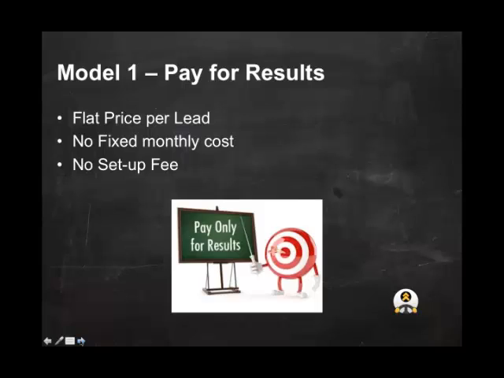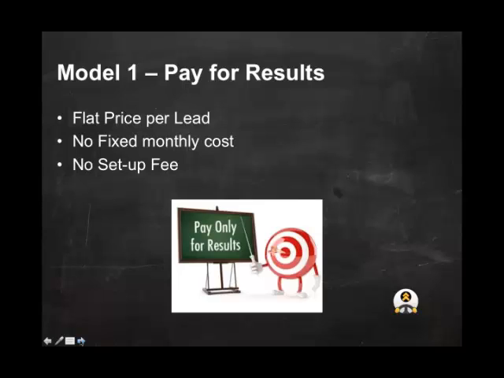So the first one is obviously an oldie but a goodie, and this one works well. It's the pay for results model. In this case, you're going to sell the business owner on a results-based model where you're not asking him for any fixed monthly costs. Now, I typically don't ask for a setup fee. I want to make it a no-brainer.